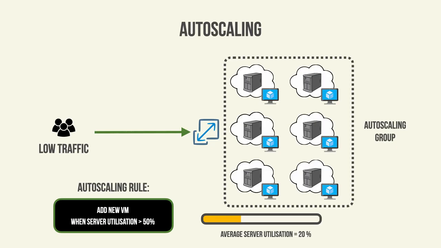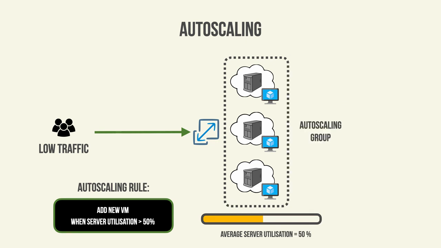When there is low traffic, it detects that the average server utilization is now only 20%, and it sort of inverses the rule, whereby you don't need that many servers. It doesn't obey this rule anymore, so it automatically shrinks your auto-scaling group and reduces the number of servers that you need. So this is pretty much the same thing as manually scaling up and down, but you're basically automating this process with an auto-scaler.